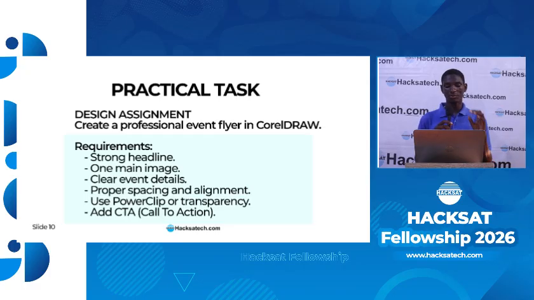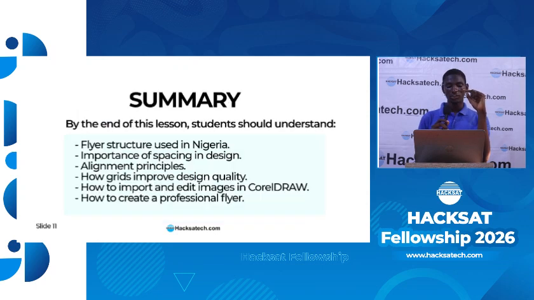So what you are going to do on the practical design this week 3 is create a professional event flyer in CorelDRAW. The requirements are: use a strong headline, make sure the headline you are using is strong.